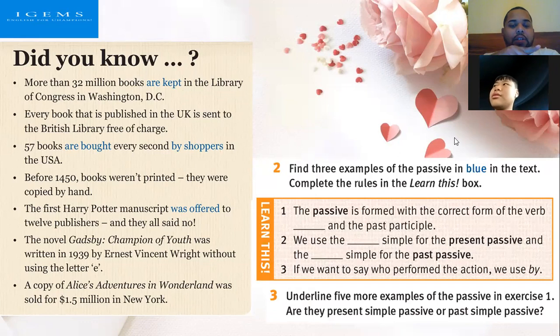I am going to read number 1, and we are going to complete the exercise first. Let's go ahead with the Learn This box, and then we go back to the exercise, finding the passive voice. Number 1, listen carefully to the definition.